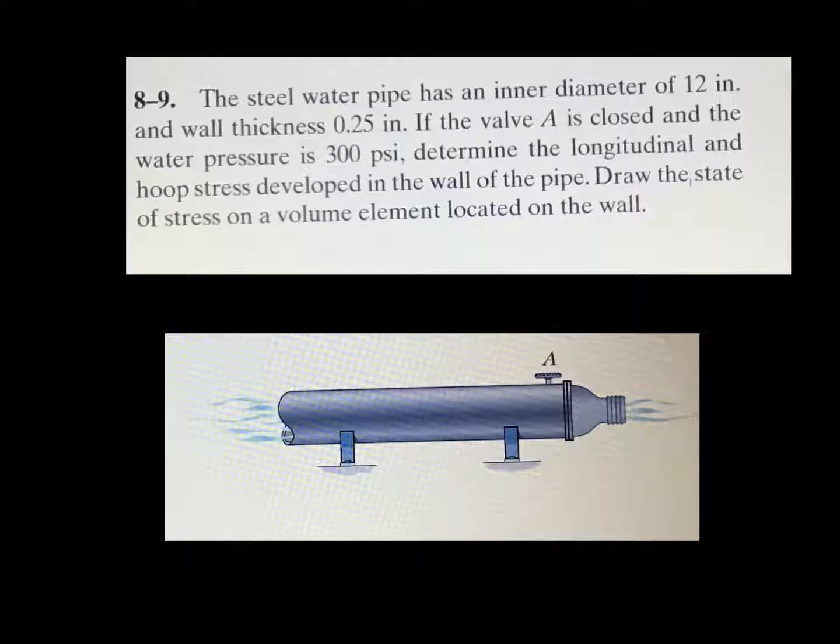There are two supports over here. You need to assume that these two supports are not providing any kind of horizontal reaction force to the pipeline, because if the supports provide some kind of horizontal reaction force onto the structure, then it may also cause some kind of longitudinal stress in the pipeline.